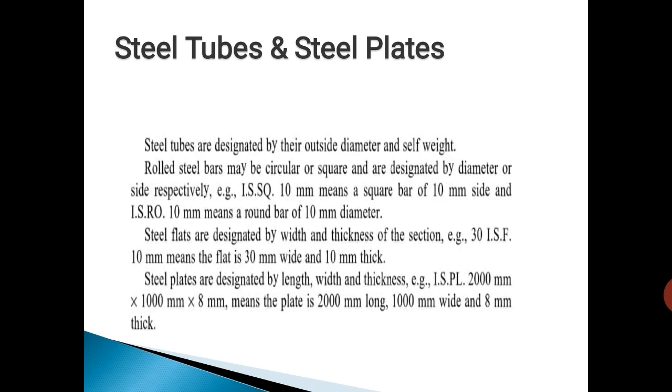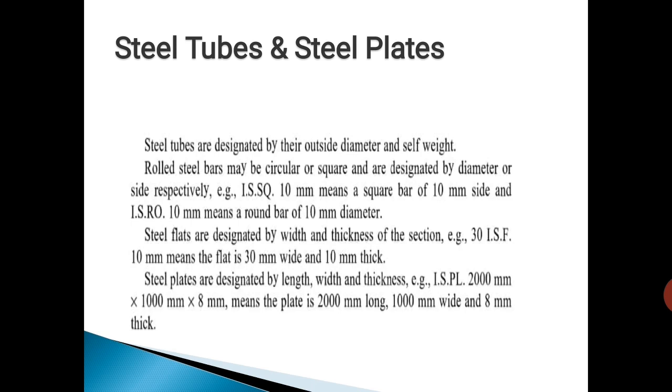Okay, so how to read the examples of steel tubes, bars and plates. First of all, steel tubes. Steel tubes are designated by their outside diameter and self-weight. Rolled steel bars may be circular or square and are designated by diameter or side respectively.